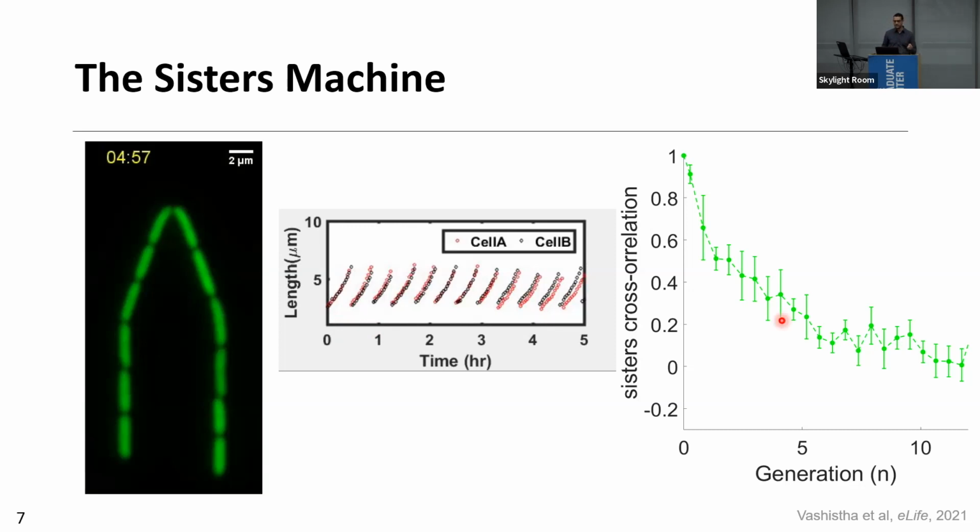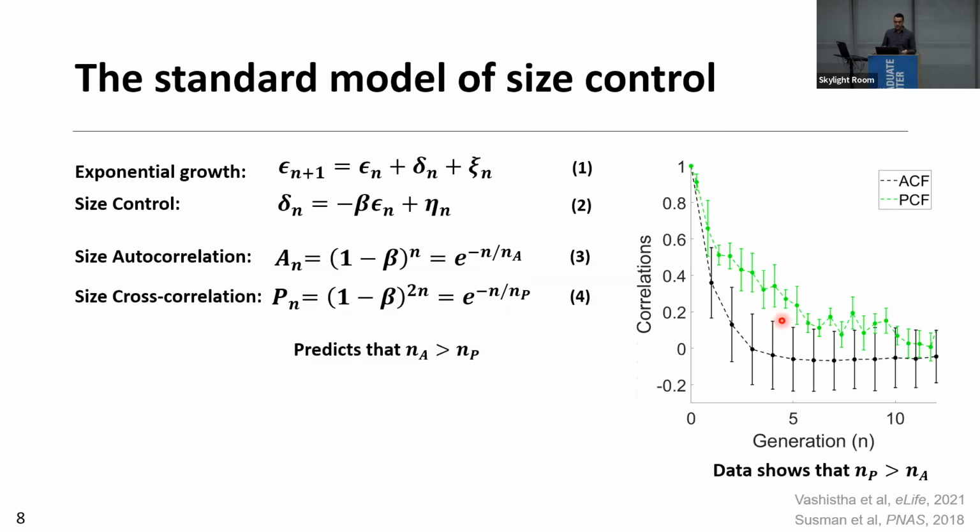So now this gives us a new prediction for the memory of cell size. And when we look back in the literature and try to calculate this prediction from the standard model, we find that the theory informs us that the autocorrelation decay time scale should be longer lived than the decay time scale of the cross correlation.